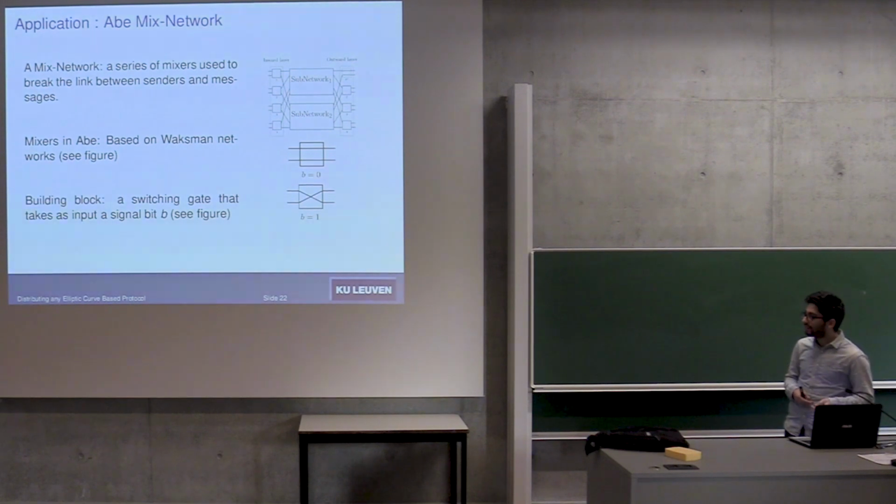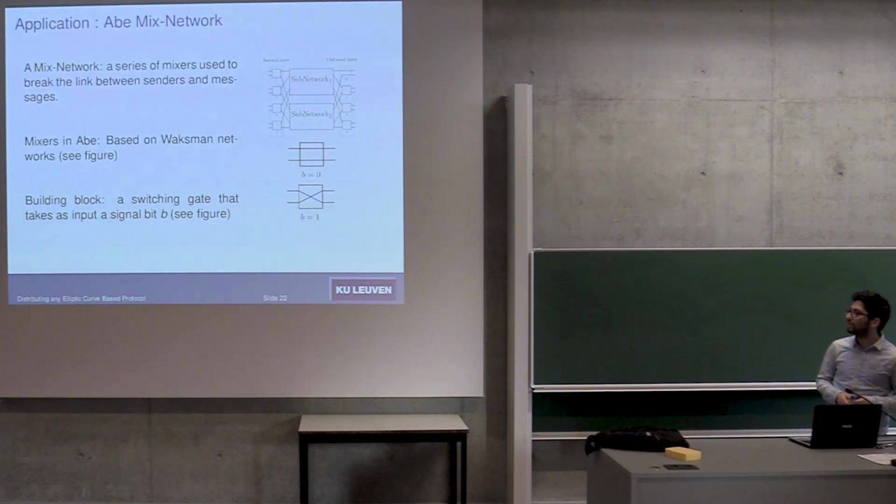The building block of a Waksman construction is a switching gate, like the ones down here, which take two inputs and forward two outputs, and they swap them according to a signal bit. So if the signal bit is 0, then the switching gate will just forward those messages, otherwise it will swap them. And so every switching gate, we associate a signal bit.